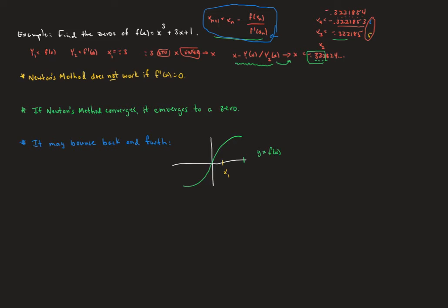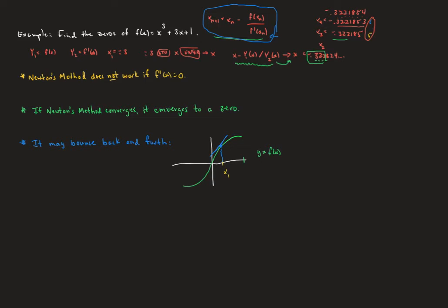And the other thing that can happen, and this one we don't have a good fix for, it just may not work, is if it starts to either bounce back and forth or it starts careening out and getting bigger and bigger instead of closing in on a single number. So what's happening sometimes in this kind of loop is if you make your first guess here and the curve isn't behaving the way we need it to, I'm going to try to visualize this.